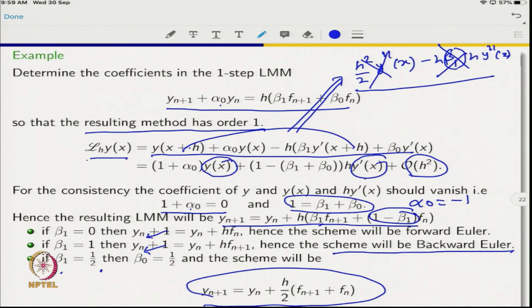So, that is why the resulting method will be second order accurate, which we already know in case of a trapezoidal method. So, fortunately our aim was the resulting method of order 1, but when we choose beta 1 is equal to half, it corresponds to the trapezoidal method, which we already know is a second order accurate method. So, the truncation error L h y(x) in that case will be order of h cube.